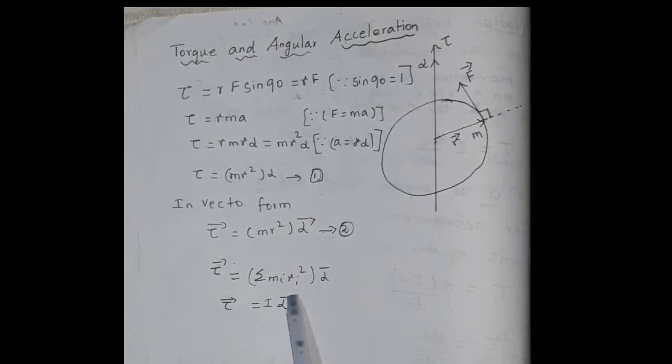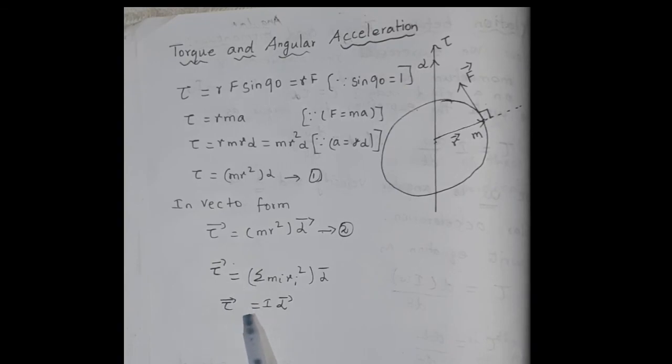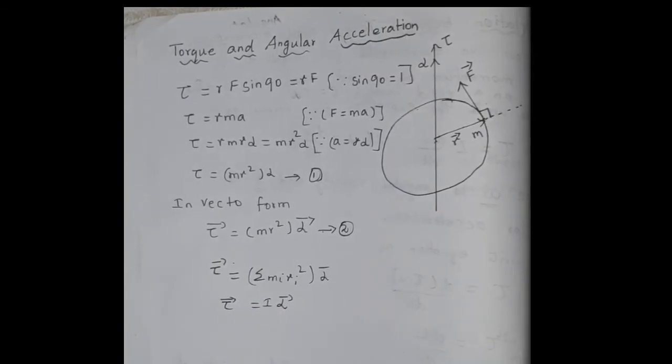Summation of m_i r_i squared is equal to I, the moment of inertia. So, at this step we can denote it as I, the moment of inertia. So, tau vector is equal to I alpha vector. Okay, that's all.